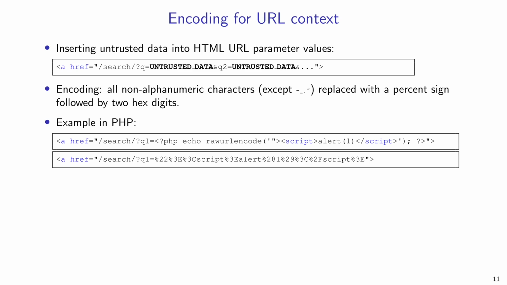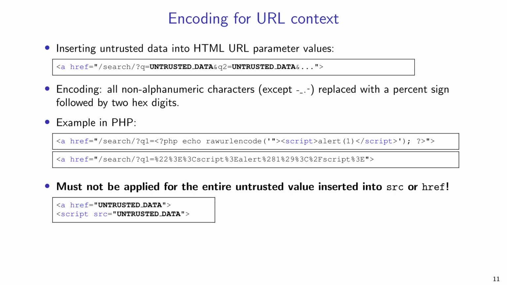What should be stressed is that this encoding must not be applied for the entire untrusted value inserted into src or href attributes. If we applied the URL encoding on the entire URL and not just the parameter values, then it would mess up the URL and it would not be any more a valid URL. There are also security considerations because we might not want to give the attacker control over the entire URL that goes into these attributes.